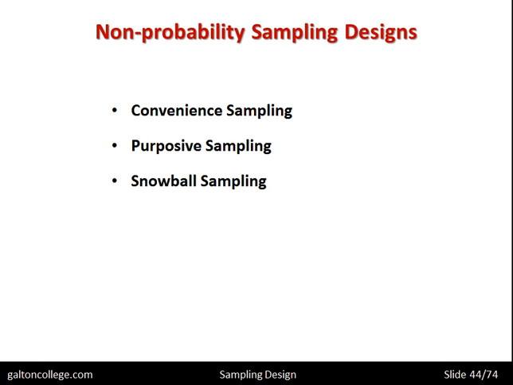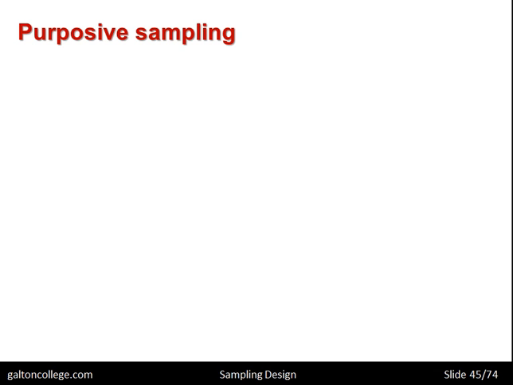It's biased because you may be asking a lot of people of the same opinion. They're all members of the same political party, they're all members of the same club, they all live in the same area, they all work in the same company, or whatever. It may be very biased. So the snowball sampling may be of that nature. Let's look at these in a little bit more detail. Let's look at purposive sampling.